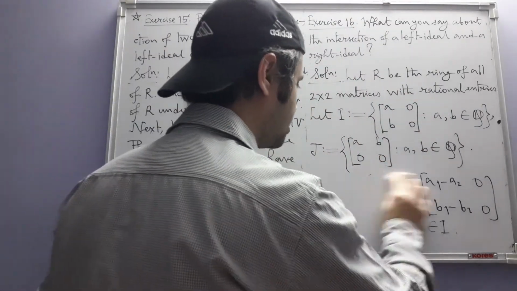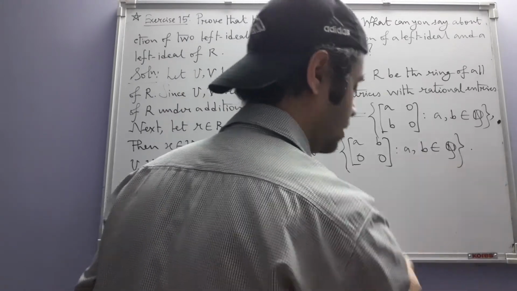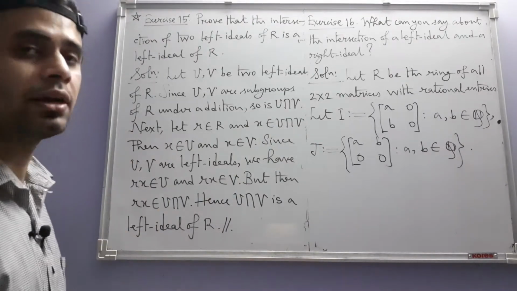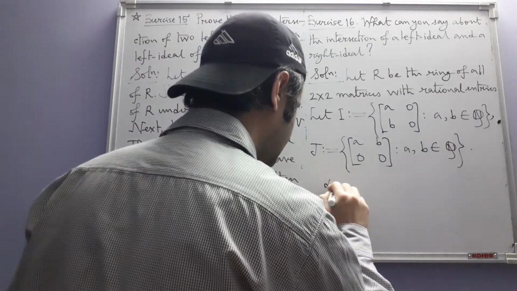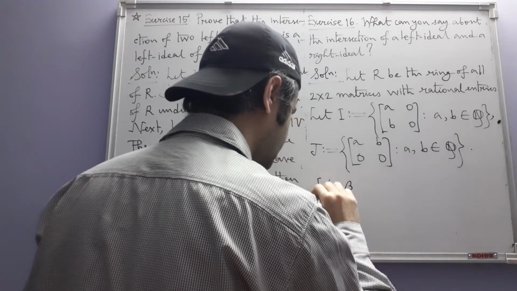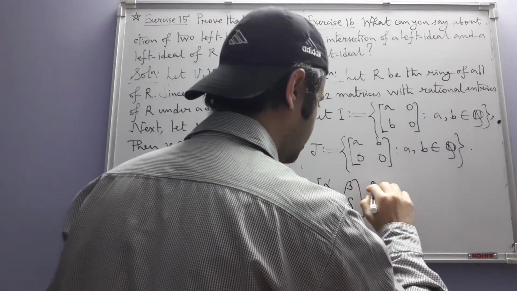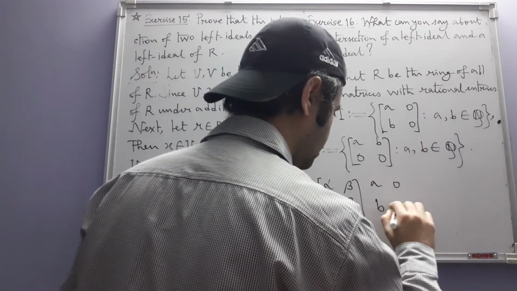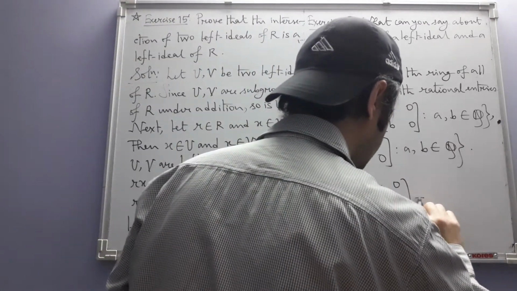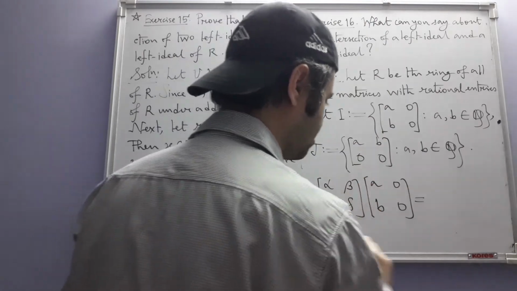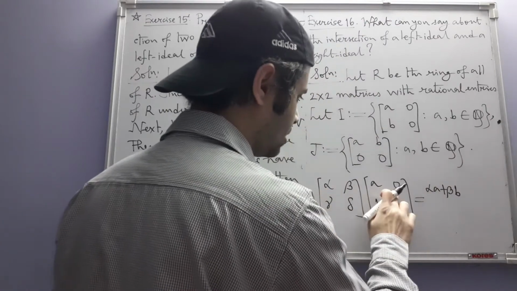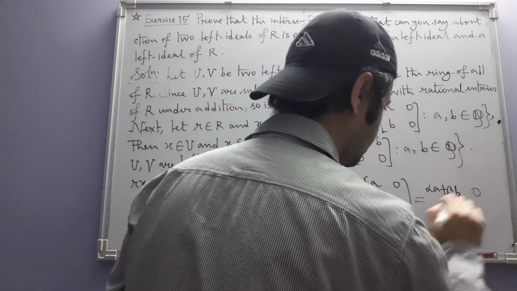Now what happens when we multiply any element of I by an arbitrary ring element from the left hand side? If I take an arbitrary ring element alpha, beta, gamma, delta say, and I multiply this element of I by this element from the left hand side, what do I get? Alpha A plus beta B, alpha times 0 plus beta times 0, that means 0.